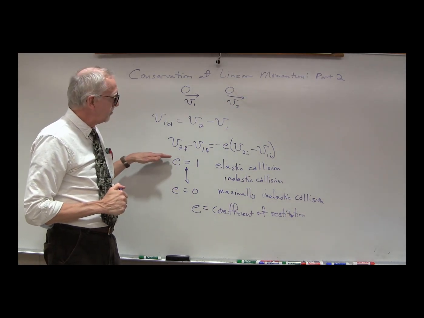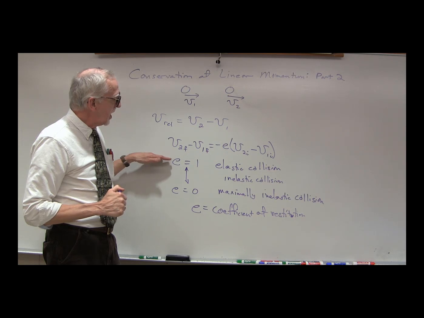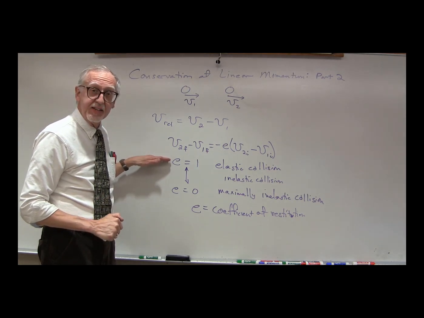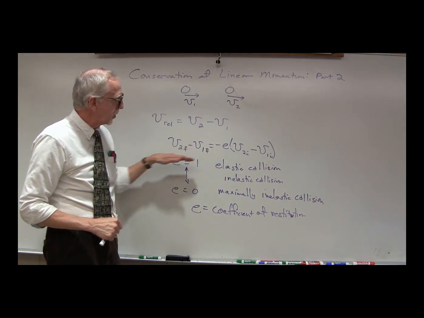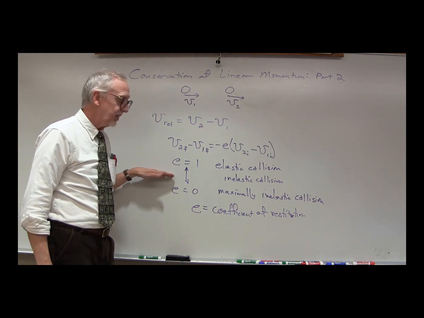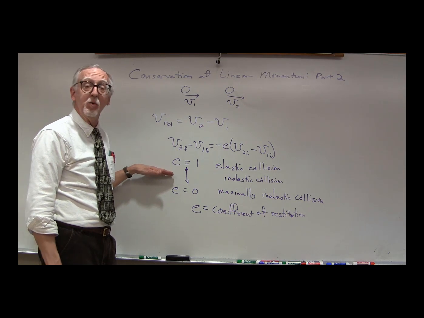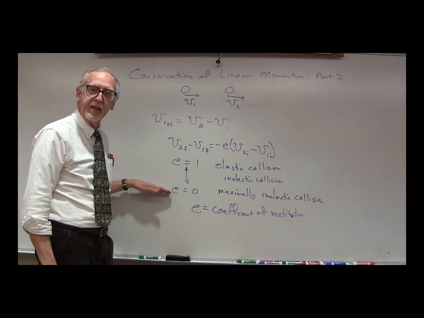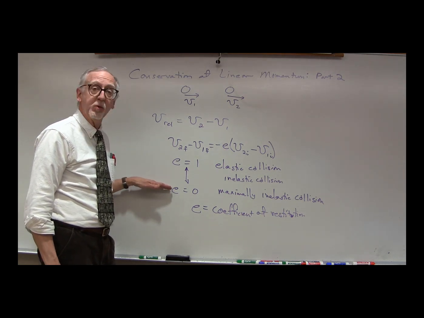As we saw, for our first example, the elastic collision, these two things were equal and E was equal to 1. We looked at one inelastic collision where it turned out that E was 1/2, and then a maximally inelastic collision where E was equal to 0.